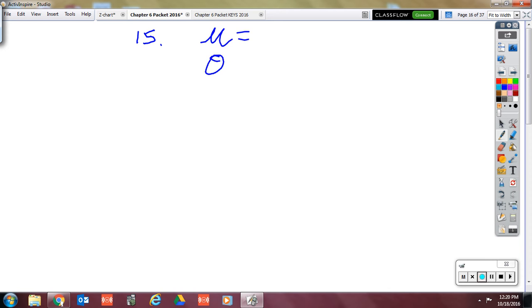Okay, number 15 says, what is the mean? And it says, the number 75. So where does 75 go? What variable is it? Good. The number 75 means that 75 is the X value.